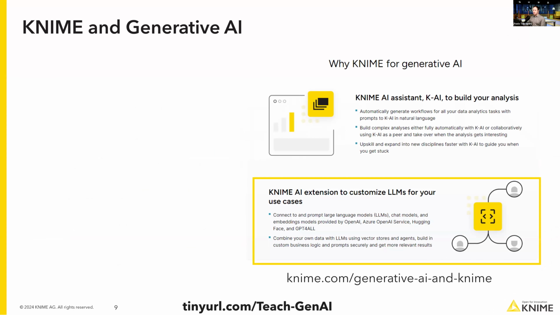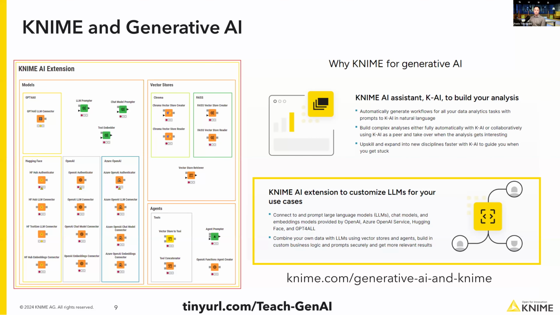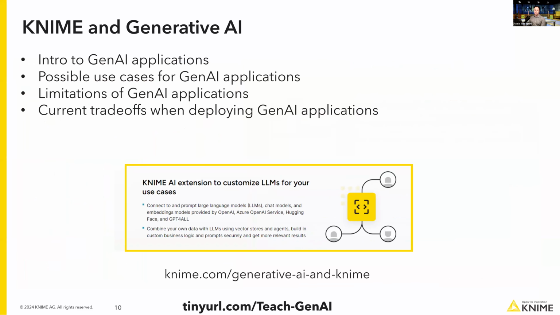Then there is the other topic, which is the new KNIME AI extension made of many prompter nodes and the connector that lets you add the execution of an LLM inside your workflows. We're going to focus more on this. We're going to see how you can use these new nodes to build GenAI applications for your teaching activities.